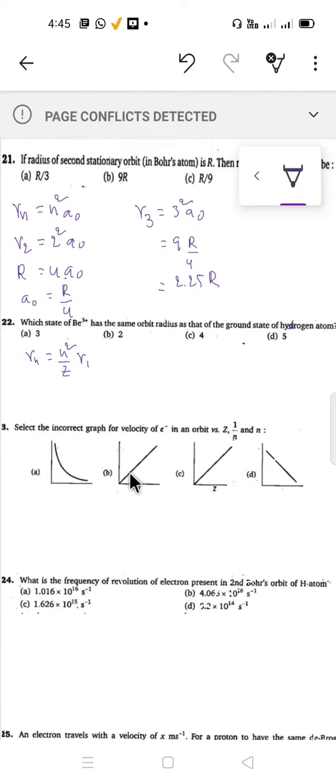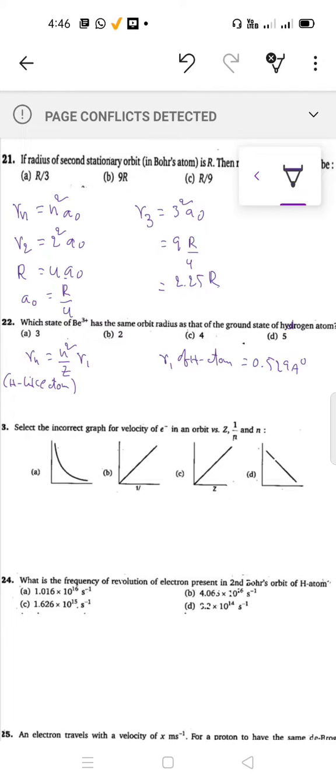This is for hydrogen like species, H like atom. We know R1 of the hydrogen atom is 0.529 angstrom units.